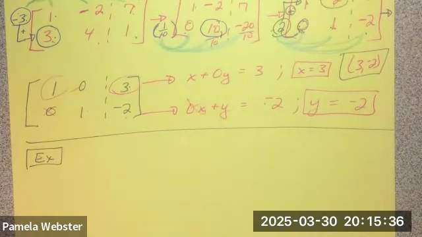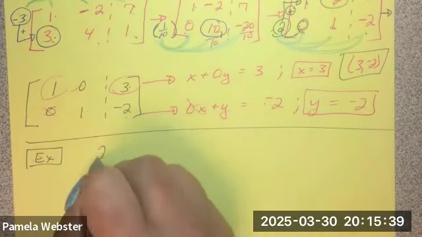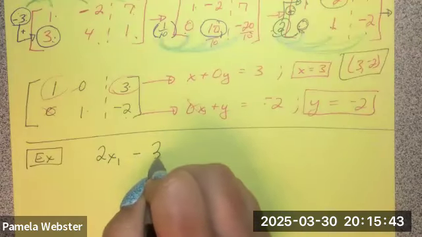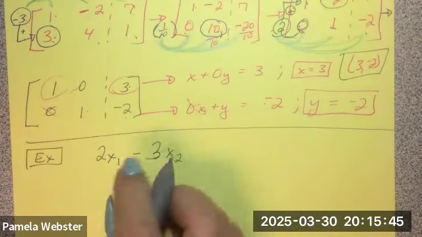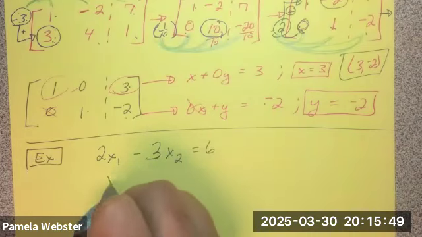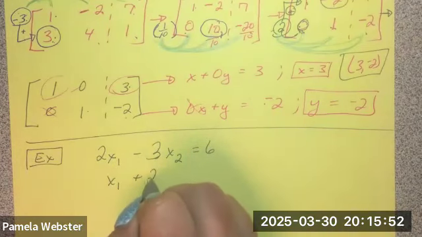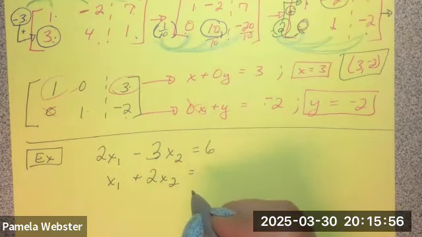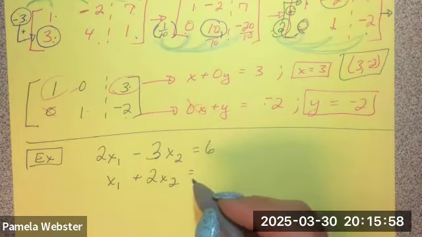Okay. For some reason your book all of a sudden says let's start doing 2x sub 1 minus 3x sub 2 equals 6. And x sub 1 plus 2x sub 2 equals, I'm sorry, hang on. I wrote that wrong.